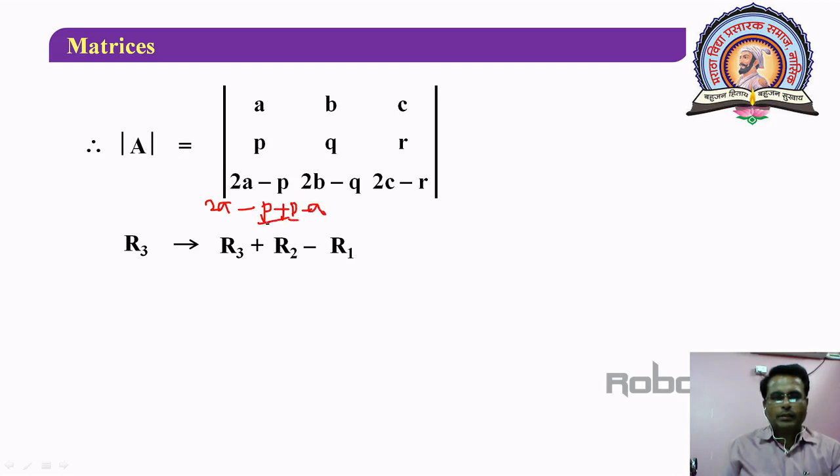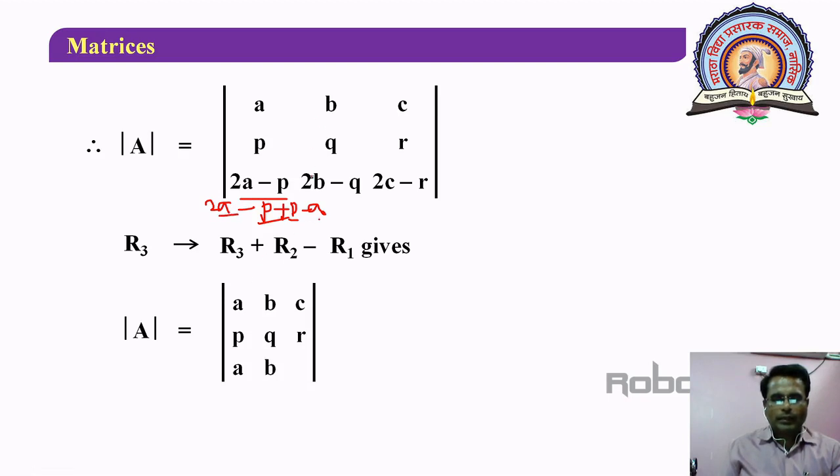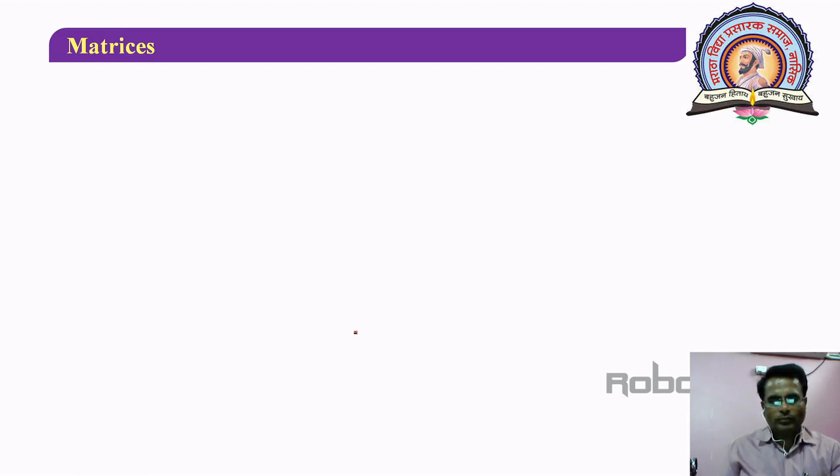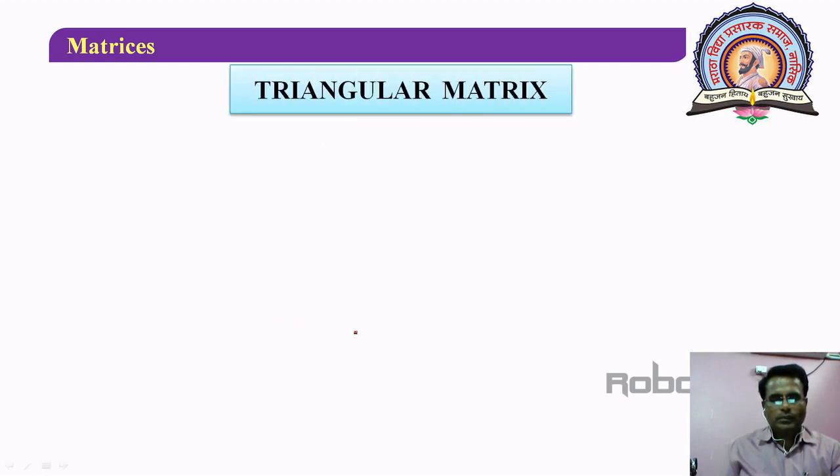So, the P's get cancelled and here you will get only A. So, the resultant determinant will be A, B, C as it is, P Q R as it is, but the last row becomes A, B, C: 2A minus A is A, at the second position 2B minus B you get B, at the third position 2C minus C you get C. So, the first and third rows are identical. We know that for a determinant, if any two rows are identical, then its value is 0. So, it is clear that its value is 0. Determinant of A is equal to 0, therefore it is a singular matrix.